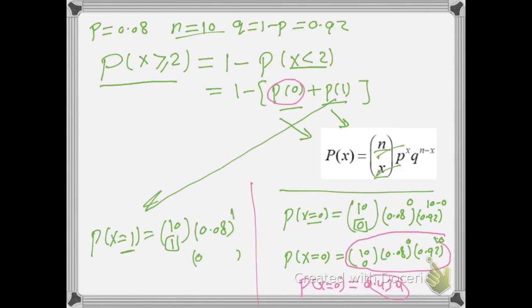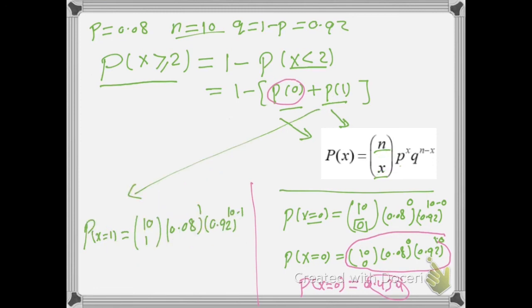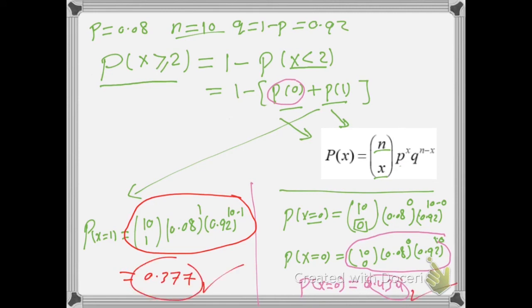All of that multiplied by 0.92, this is the value of q to the power of the difference between n and x, that means 10 minus 1. By the same way, you can compute all of that by your calculator, and the answer will be 0.377. Then I have now this value and this value.